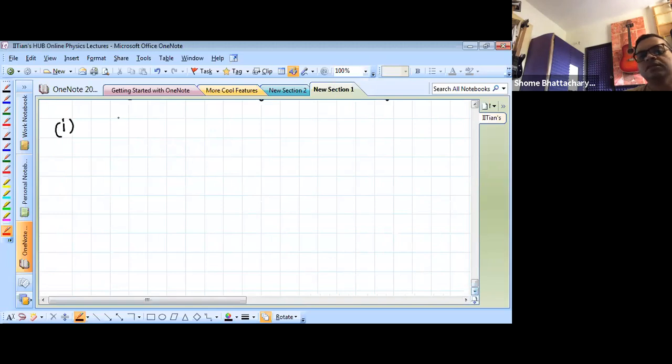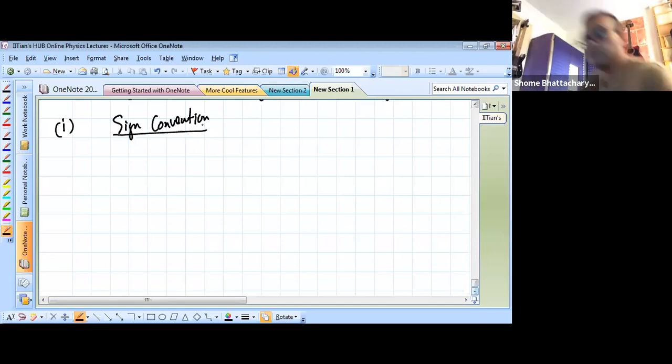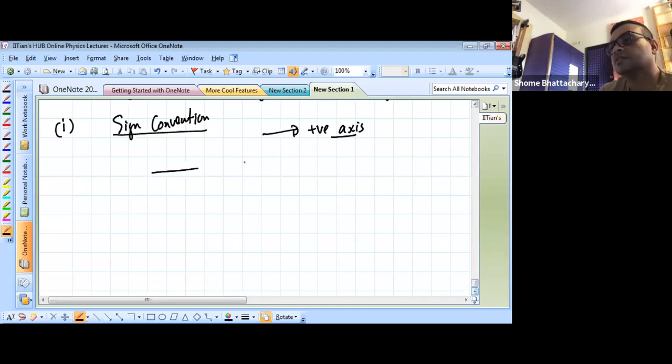If I am taking my sign convention, just a minute. Switch on my battery. Yeah, sign convention is that suppose this direction is my positive axis. Then what is happening is, as the water is flowing like this, velocity of water as seen in the ground frame is plus 1 meters per second.